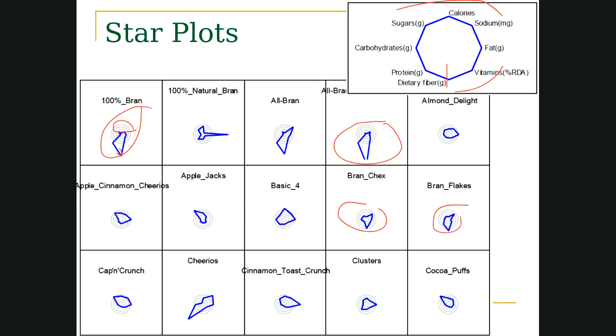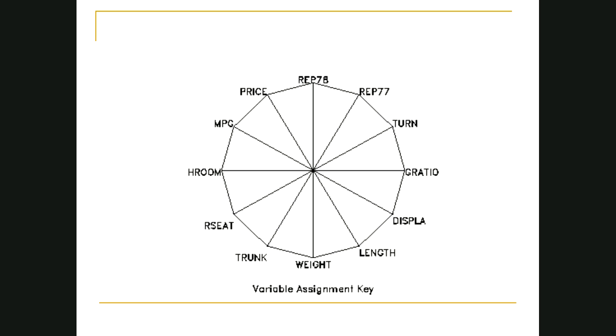Here's another example: cars. These are the dimensions. I have this one because it shows the actual axes. So here is repair record in 78, repair record in 77. You can tell it's a really old data set. Turning ratio, gear ratio, I think that may be acceleration.